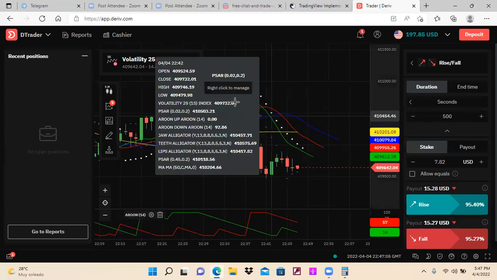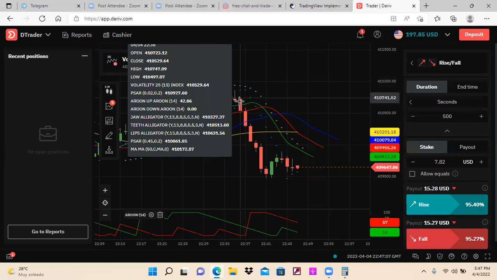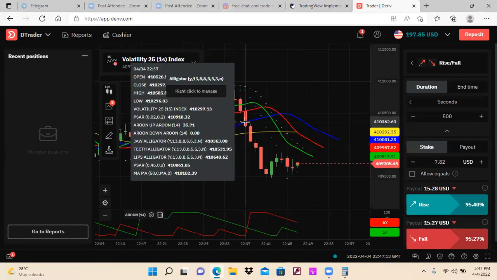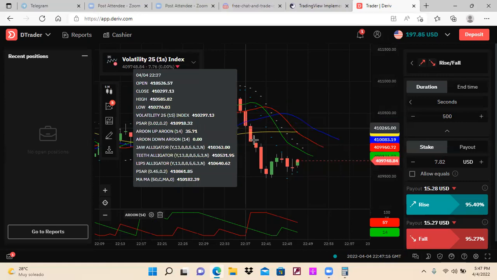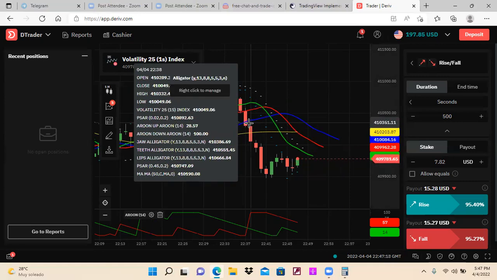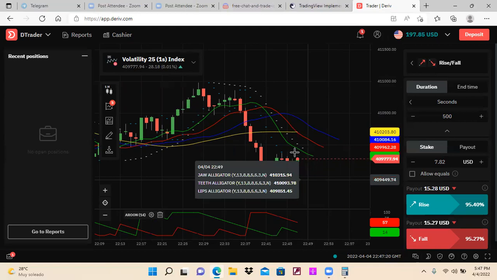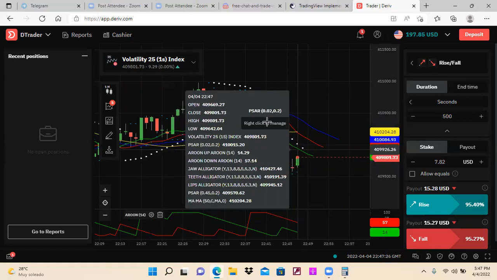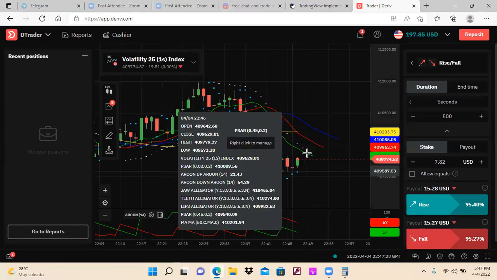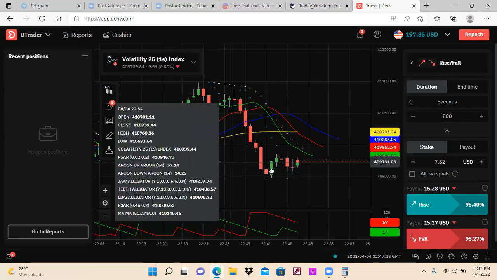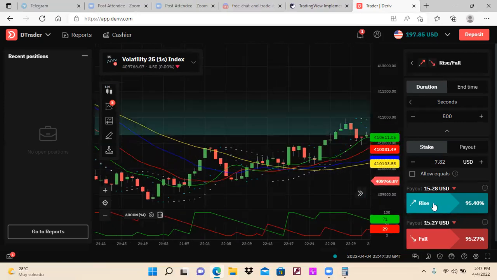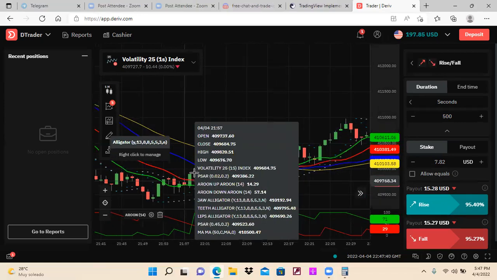Based on the situation, we missed a perfect trade right here, where the candles were below. So I'm sharing with you guys that it's not that hard to grow your account by 100% every day. You just have to be patient and allow the trade to come to you, such as what is happening right here. We notice a green candle pushing up to the green line. If the candle starts to form above our green line, it's a perfect signal for us to open a buy or press rise.